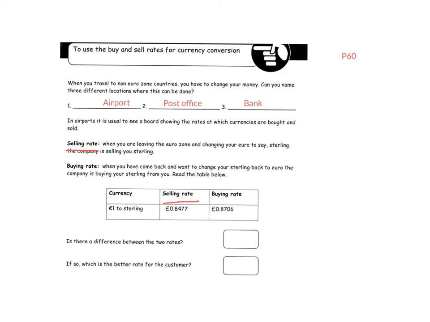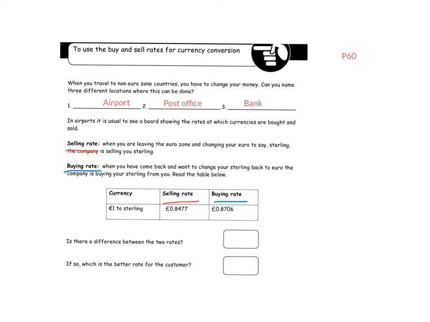What's the difference with buying rate? Buying rate is when you go back from another country, you have some money left from another country and you want to convert it to euro. So then you will be looking at buying rate.